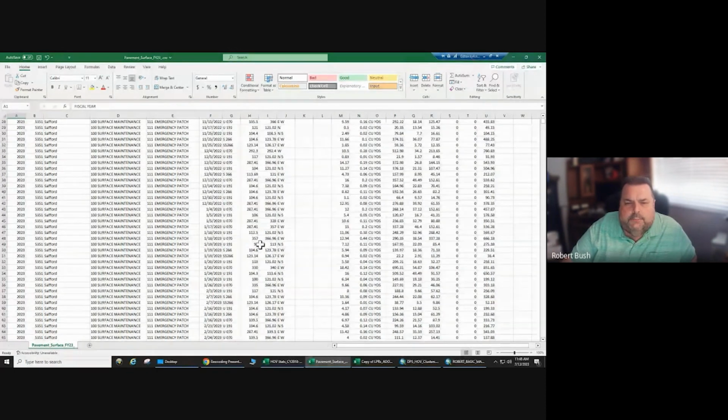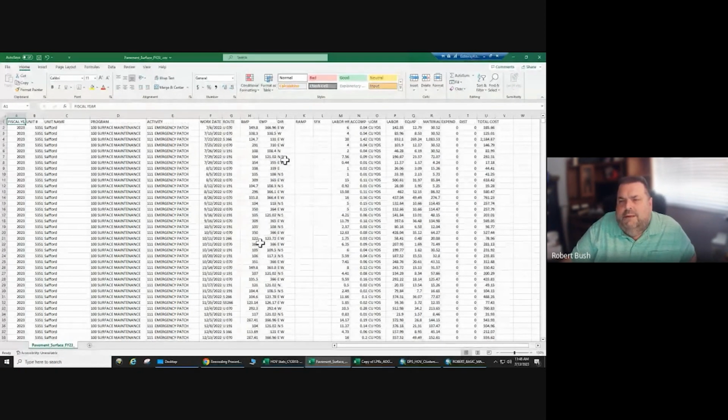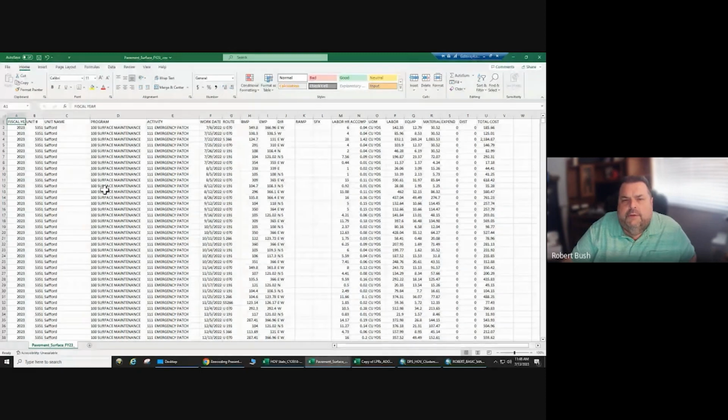Fog coats, chip seal, crack seal, obviously emergency patch you see here. But this is a relatively standard PECOS display of data, how it kicks it out and everything like that. Once again, interesting, but what can we do with it?